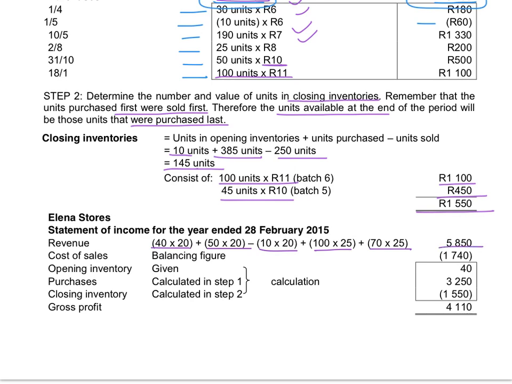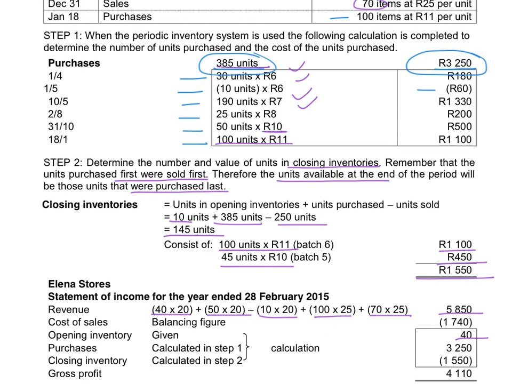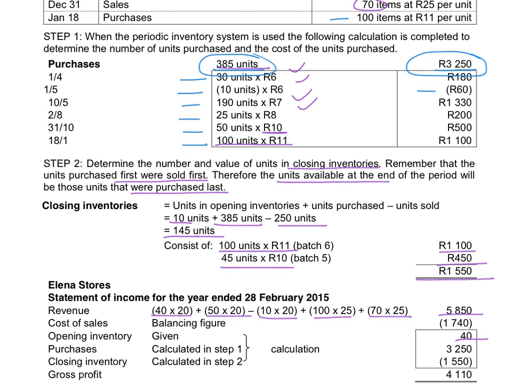My opening inventory was given as 10 units at 4 Rand each, so opening inventory was 40. We calculated that the total purchases for the year was 3,250.